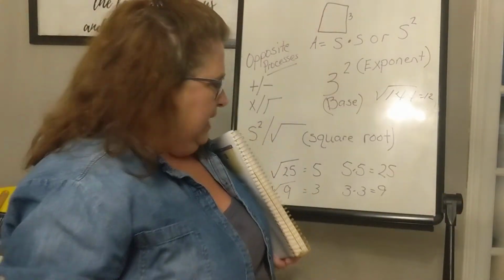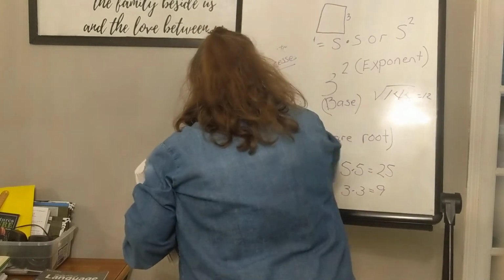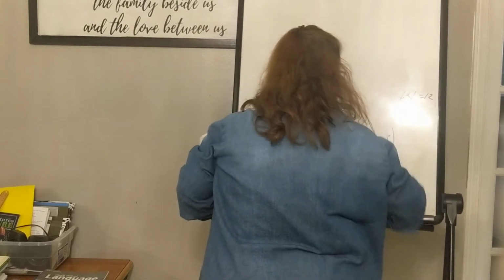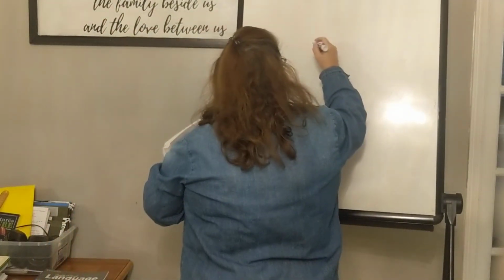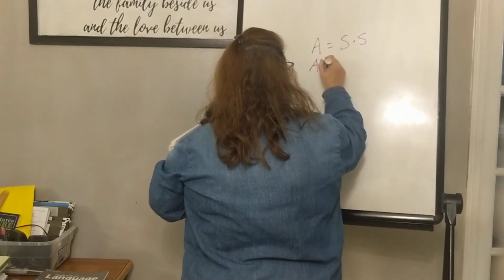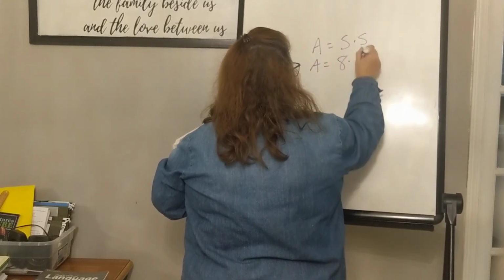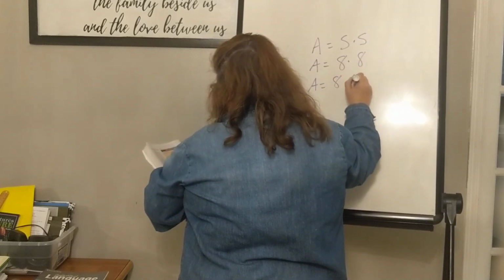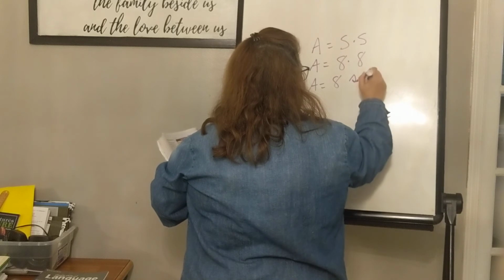So you can either write it, area equals side times side. Area equals 8 times 8. Area equals 8 square yards.